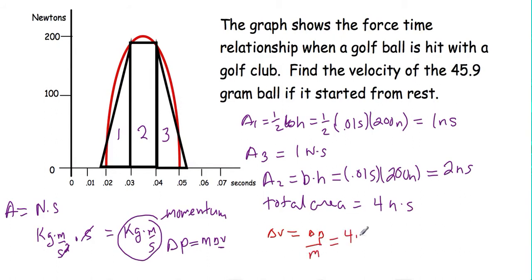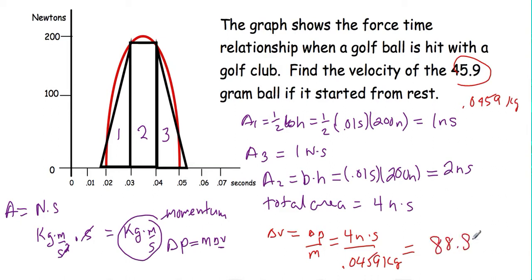So we have 4 newton seconds for our change in momentum, divided by our mass, which is in grams here, which is going to be 0.0459 kilograms. Remember, always have the appropriate units. And that's going to give us a final change in velocity of 88.8 meters per second, which is 180 plus miles per hour.